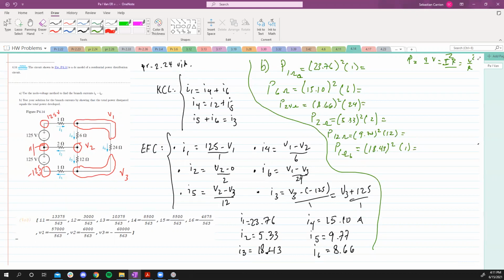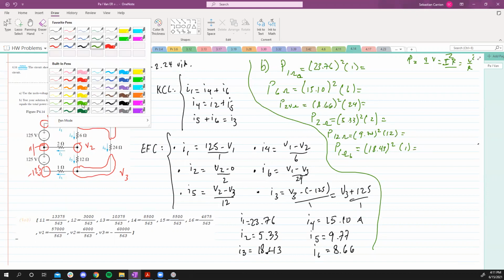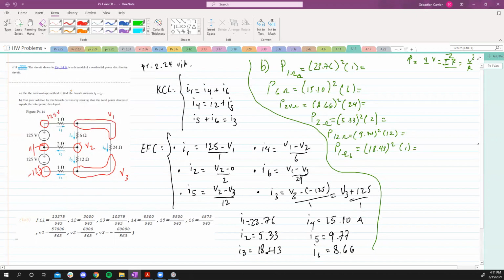And then I'll do power developed with orange.